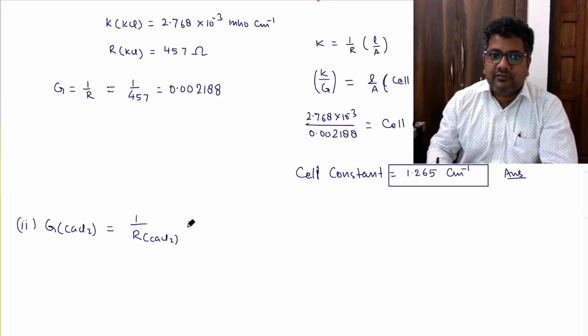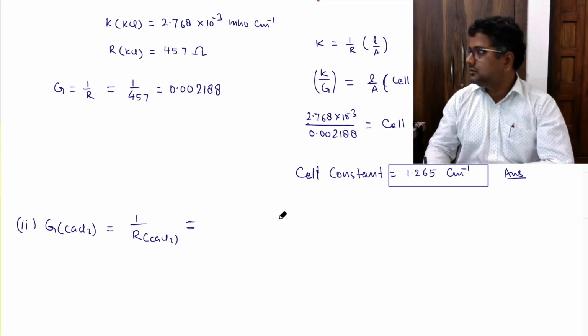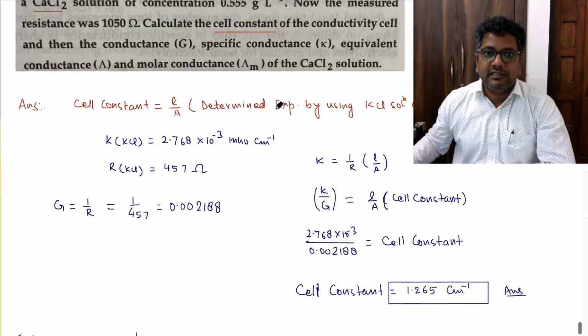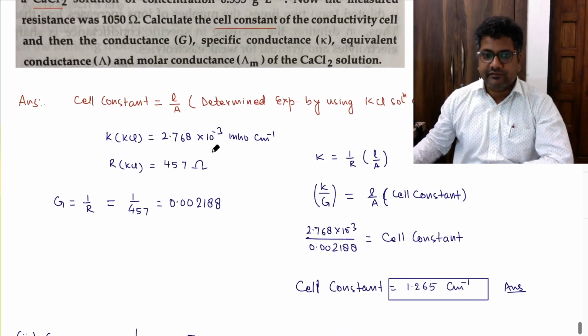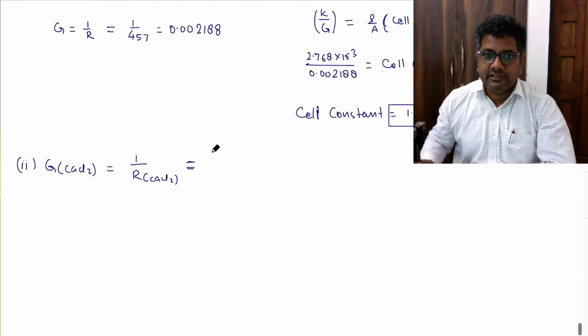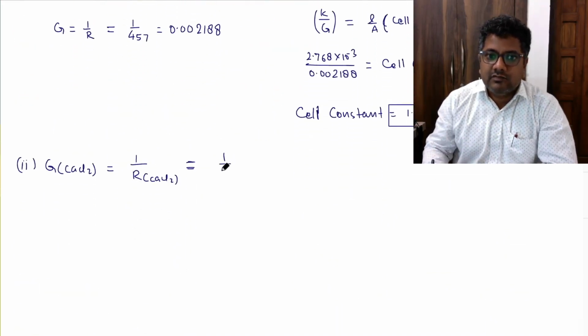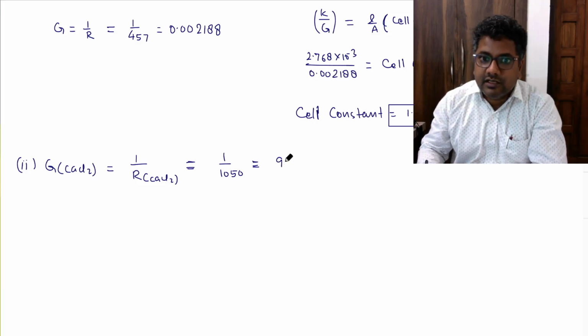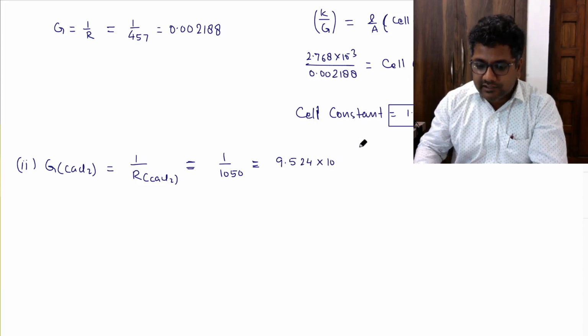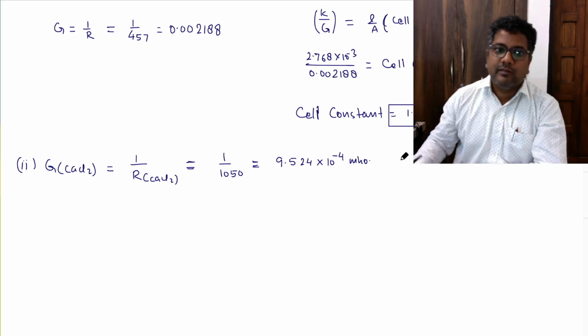So what is the R for CaCl2? The R for CaCl2 is 1050. So this is equal to 1 by 1050, and this is equal to 9.524 into 10 to the power minus 4. Yes. Okay.